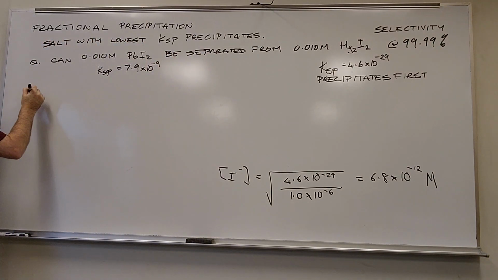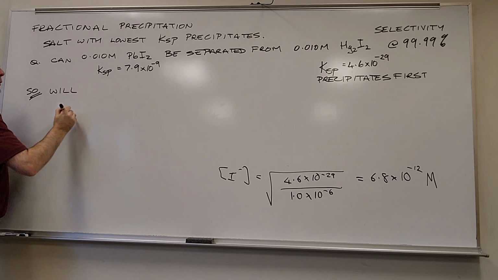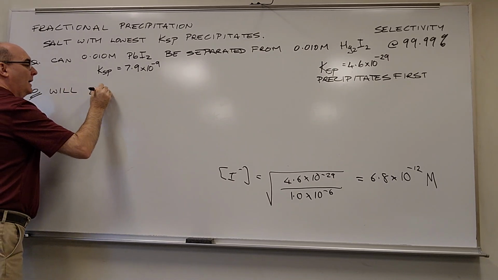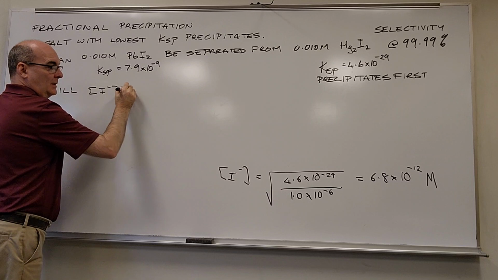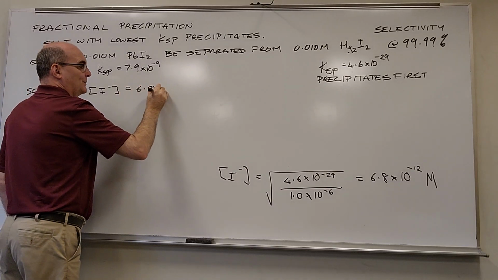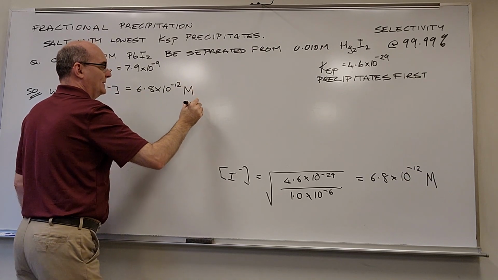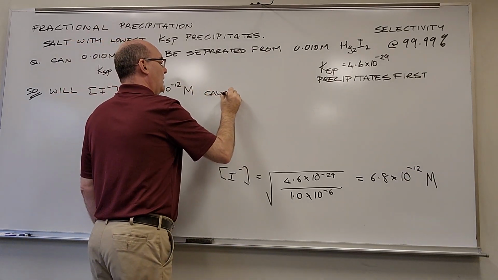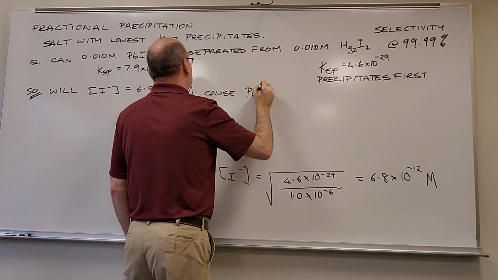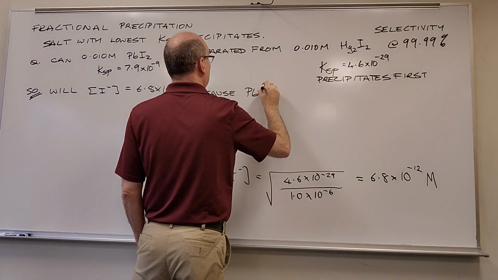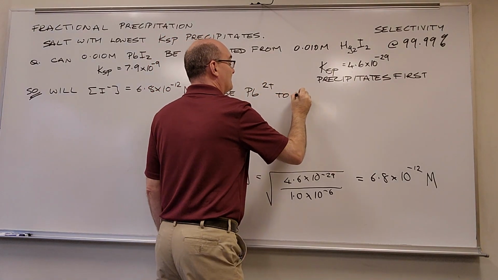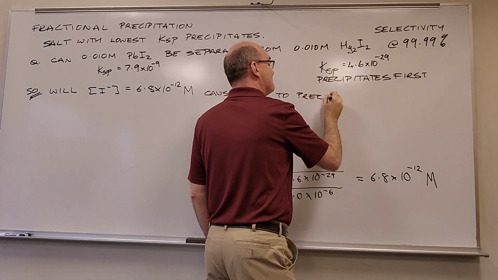So, will an iodide concentration equal to 6.8 times 10 to the negative 12 moles per liter cause lead 2 plus to precipitate?